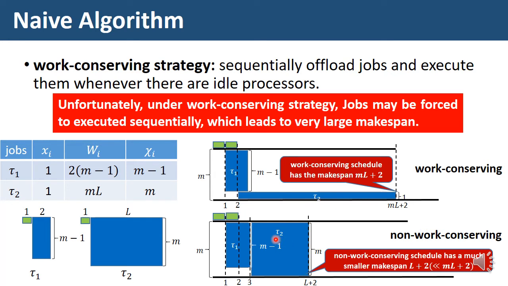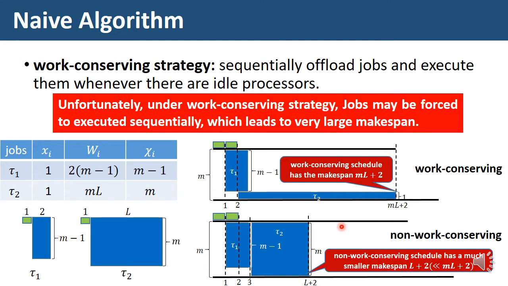We find that if we do not execute Tau2 at time 2, but instead execute Tau2 at time 3 when there are sufficient idle processors, then the makespan will be L plus 2, which is far less than ml plus 2.